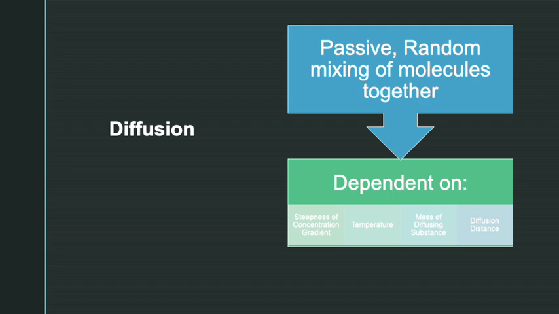The larger something is, the slower it's going to diffuse. And then finally, our diffusion distance. How far does that substance have to go? Is that cell membrane very thin and things can easily cross back and forth? Or is there something in the way? The thicker that cell membrane or the thicker that diffusion distance is, the wider it is, the slower that rate of diffusion will occur.